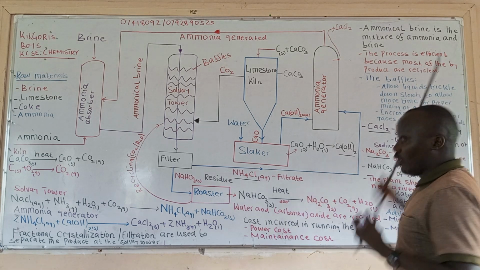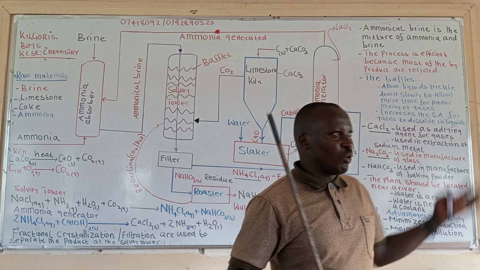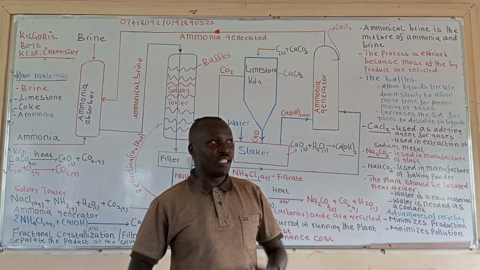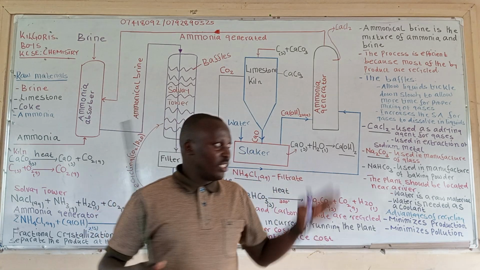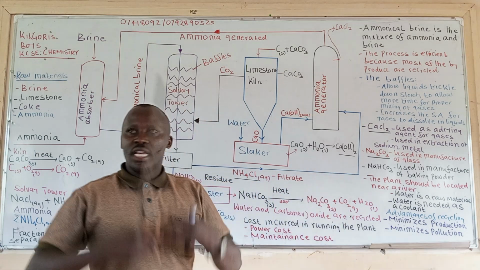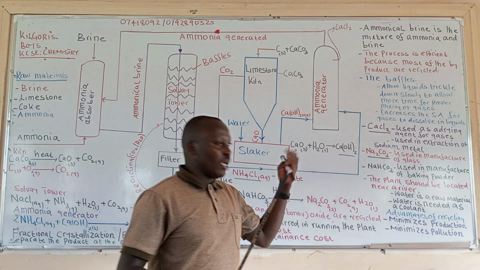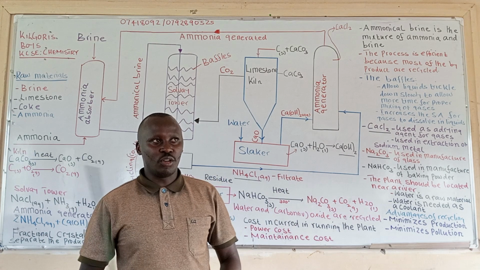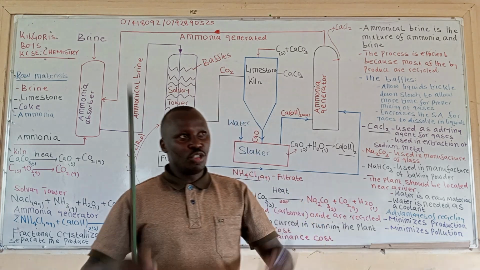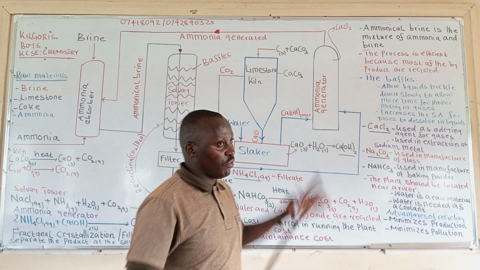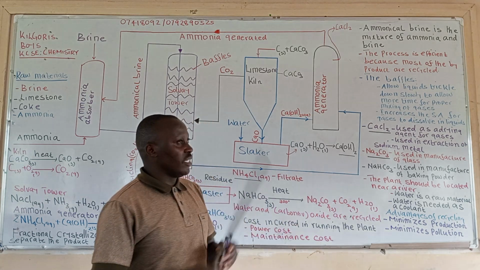You can also be required to give a reason why the process is said to be more efficient. The process is said to be more efficient because most of the products are being recycled. Water is recycled, ammonia is recycled, the CO2 is also recycled.